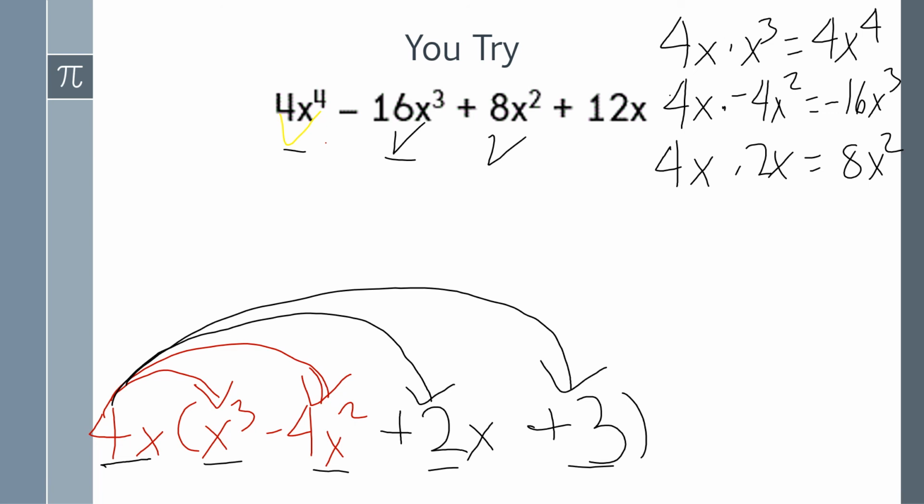All right, 4x times 3 is 12x. I got that too. Bam. And that is how you do that problem.